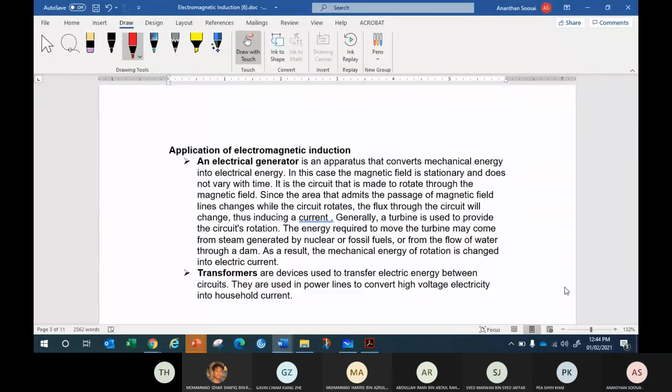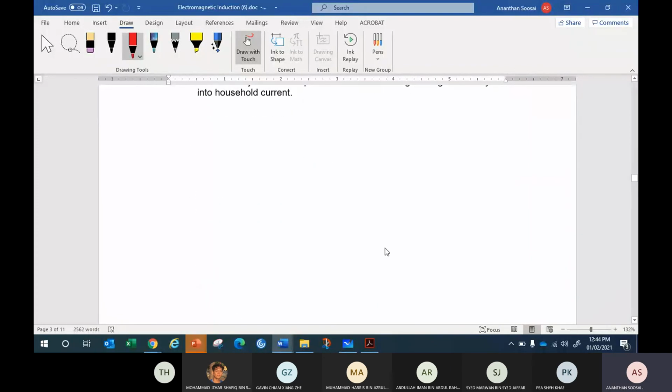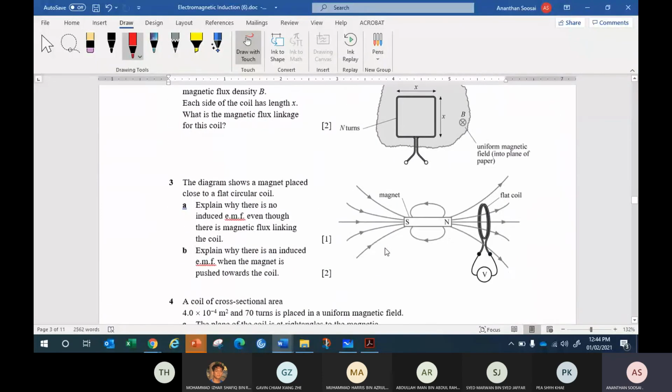If you don't have a transformer, you cannot bring down the voltage to the charging voltage of a phone, maybe around 6 volt or 9 volt. So without a transformer, you can't charge your phone, you can't turn on your television and so on, because different devices use different voltages.